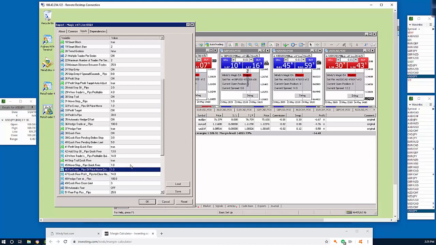But usually that's not going to happen. Usually once it closes that hedge, the quick fixer is going to get stopped out relatively soon, within a pip or two. But it doesn't matter because it's served its purpose, because it's made more money than you lost on the hedge. That was the whole point of the quick fixer.